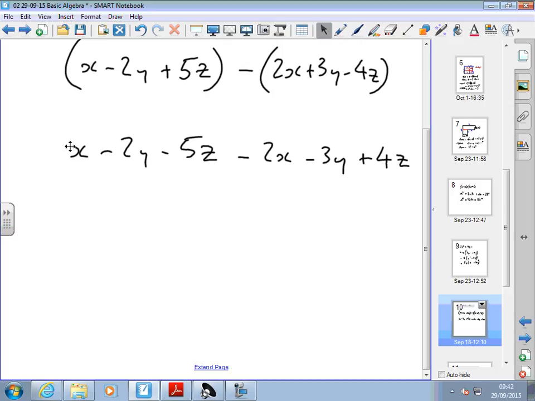So this is a bit tricky because of this negative sign here. Thank you for spotting that. Plus 5z, yeah.